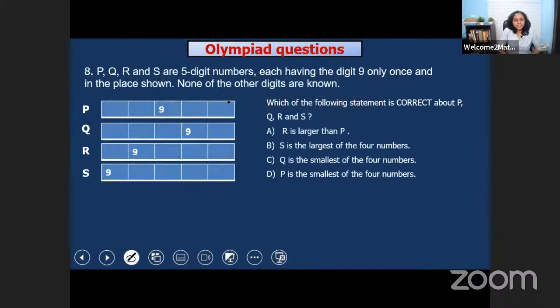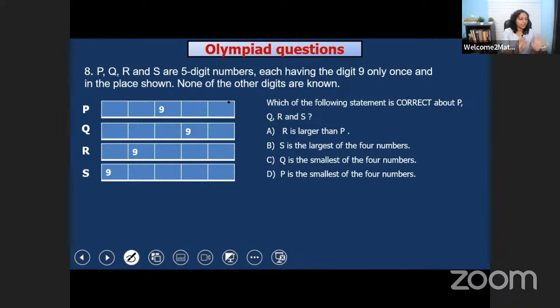And this is one interesting question. So let's read the question first, and then we'll solve it. Okay. You see, question number 8. P, Q, R, and S are 5-digit numbers. Each having the digit 9 only once and in the place shown.